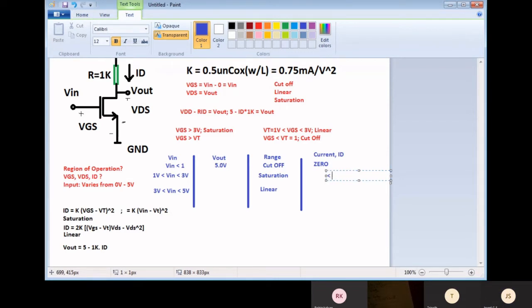The minimum is 75 microamperes, at V in equal to 1.1 volt, because otherwise the whole term becomes 0. Okay, fair enough. So 75 microamperes to 1.5 milliamperes.